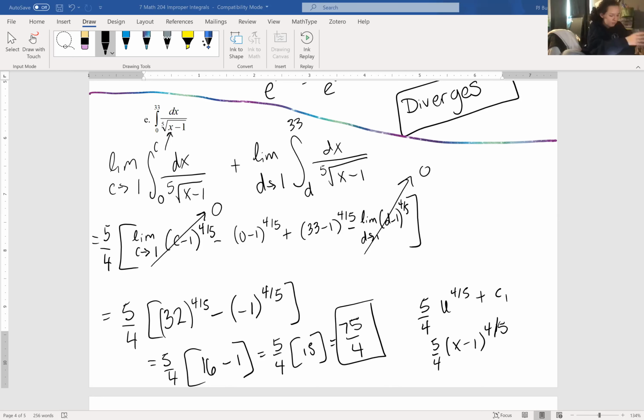So I'm just going to check myself here. It's been a while since I did this one. I think I usually let the students do this problem. So this is 1 over the 5th root, and we're integrating from 0 to 33.